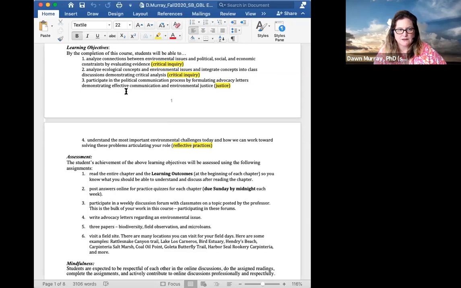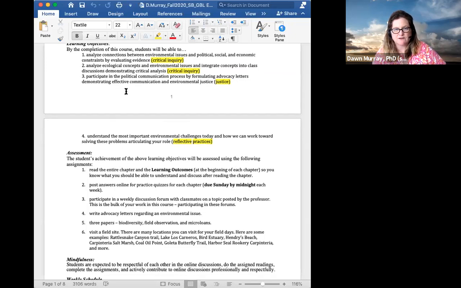The third objective is to participate in the political communication process by formulating advocacy letters, demonstrating effective communication and environmental justice. And the fourth is to understand the most important environmental challenges today and how we can work towards solving these problems, articulating your role.